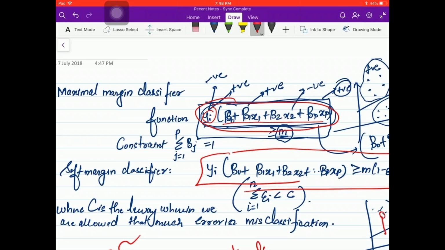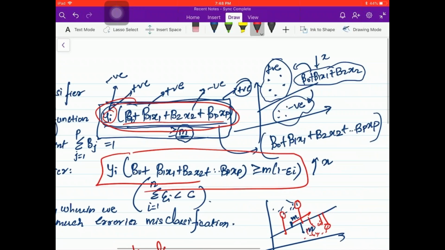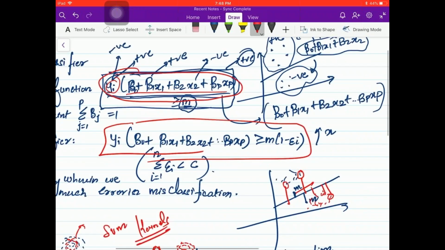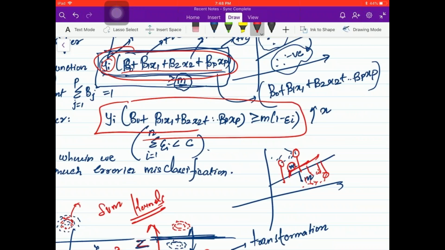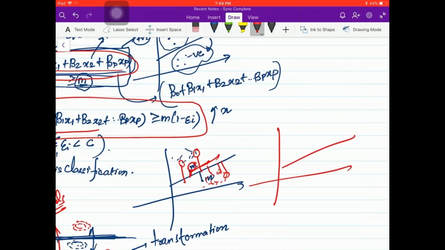Well, someone is asking, can you repeat what is M? Fair question. So M is the distance between this particular point and the line, and we have said that M is the least. Beyond M there should not be any point. We want to have a point here and a point here, and this should be M, this should be M. So there cannot be a point that goes below here.